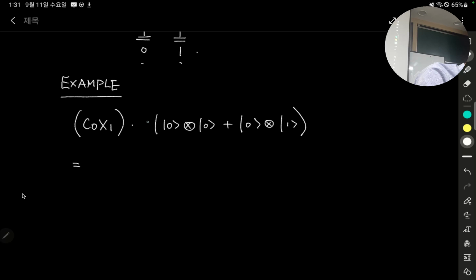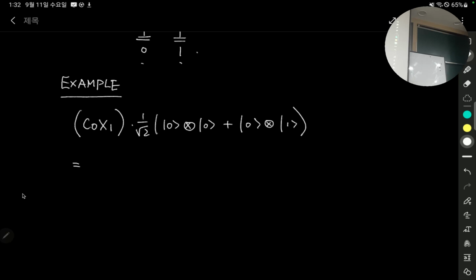Maybe you can throw in the coefficient 1 over square root of 2. 0, 0, 0, 0, 0, 0, 1.